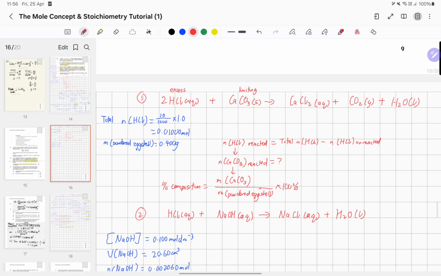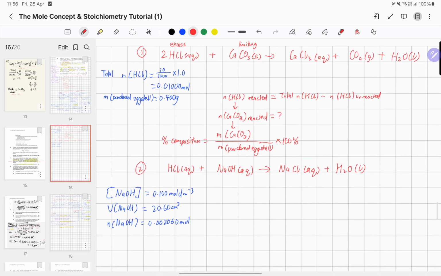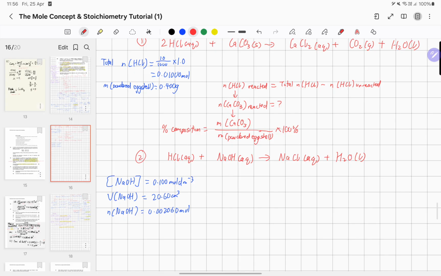And how do you find out the number of moles of unreacted HCl? You have to go back to reaction 2, because in reaction 2 the mixture was titrated, so this means that the unreacted HCl is used to react with NaOH. So the number of moles of reacted NaOH over here is precisely the number of moles of HCl reacted in reaction 2, which is 0.002060 mole.